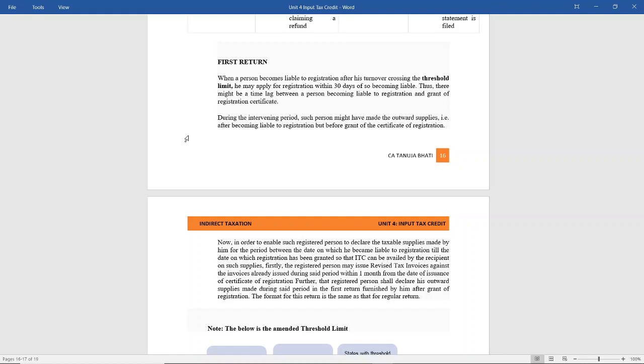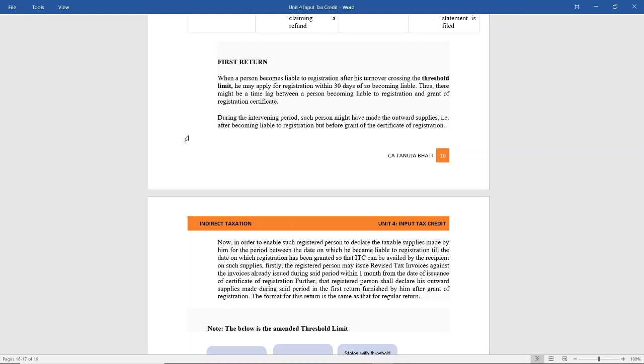So today is suppose 17th August, and by 17th September he is applying for registration. There is a time gap, because if he applies for registration today, he will not immediately get the registration certificate, as you know the procedure for registration. So from when he became liable, that is 17th August, up to when he gets the registration certificate, there is a time gap.